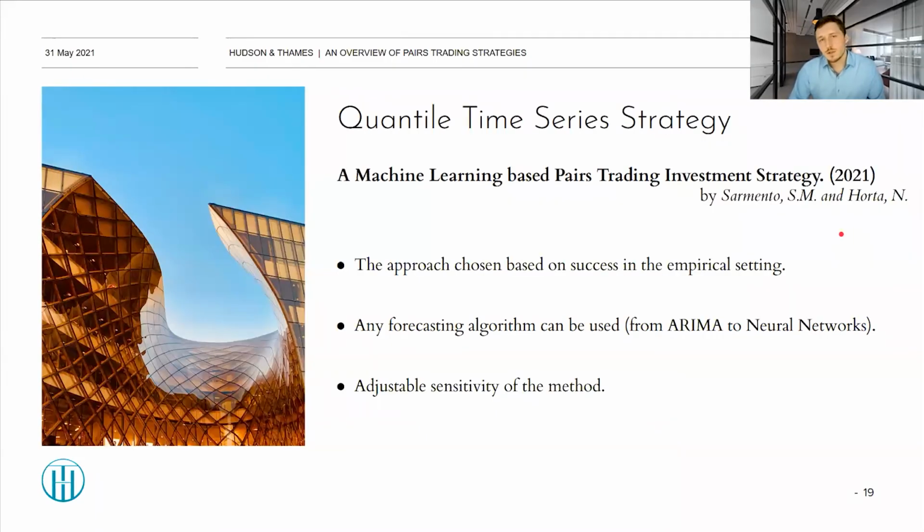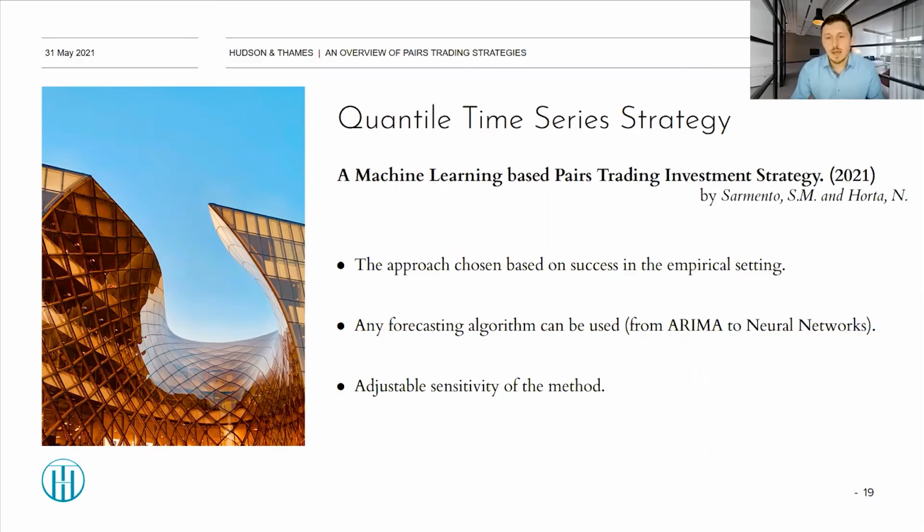Here is also a textbook by Sarmento and Horta. It's not that widely mentioned in the literature, but we decided to add it here as well. It's rather versatile, and based on the authors' original descriptions, it showed good success in the empirical setting. The idea is that it consists of two elements.